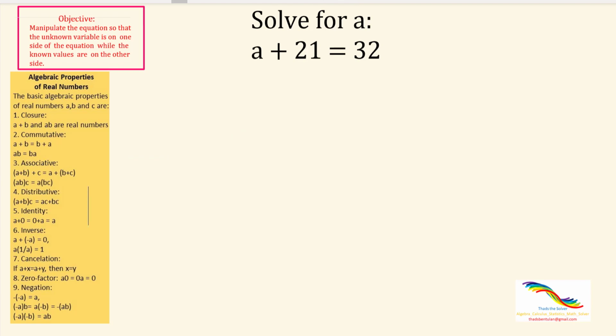So our problem is to solve for a in the equation a plus 21 equals 32. So again, our objective is to identify the unknown variable and to isolate it on one side of the equation.